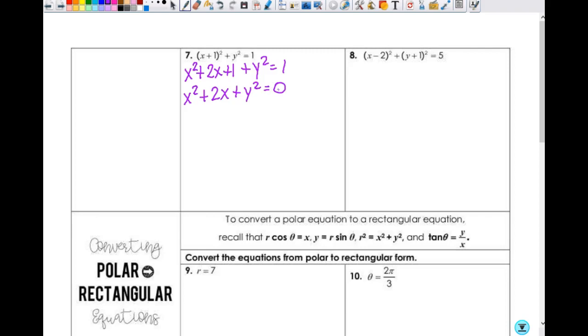So now is when I'm going to substitute, because I've cleaned it up as much as I can without that. So this x squared becomes r squared cosine squared theta plus 2r cosine theta plus r squared sine squared theta equals 0.